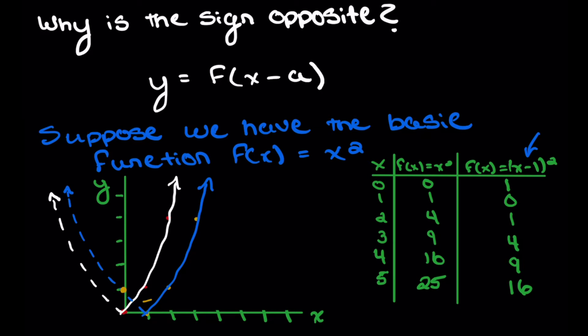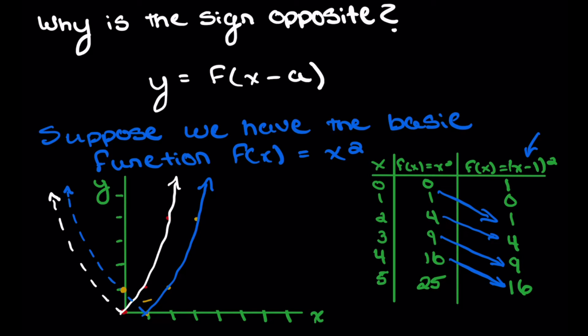If we look at our table of values here, we see a 4 and a 4, a 9 and a 9, a 16 and a 16, and a 1 and a 1. Do we see how for each of those original values, the matching y value is 1 lower than it would be on the x squared graph?